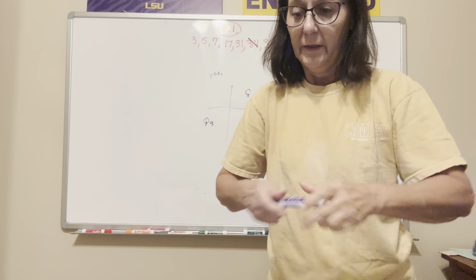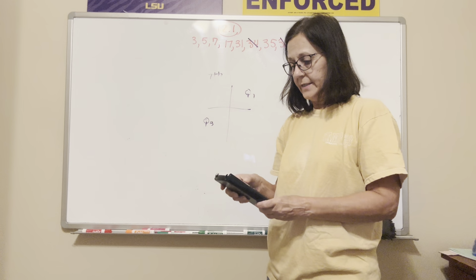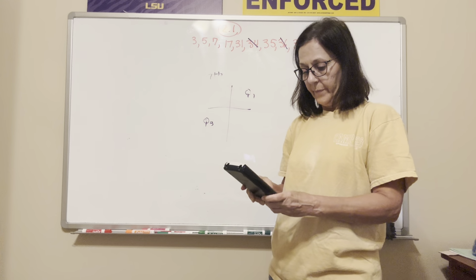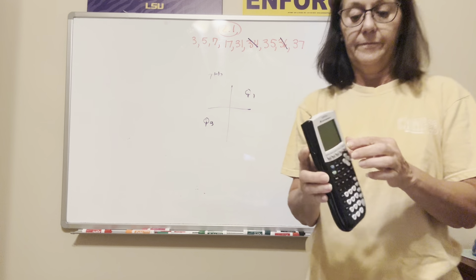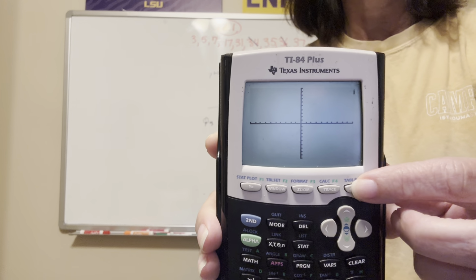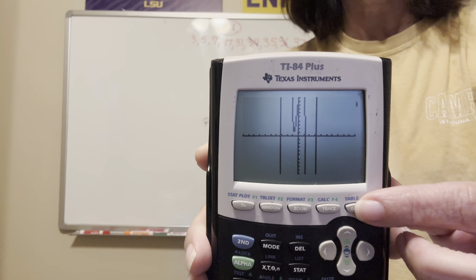If I just did my window negative 10, 10 for both x min, x max, and y min and y max, then let's see what I get. Okay, I can't really see the whole thing.